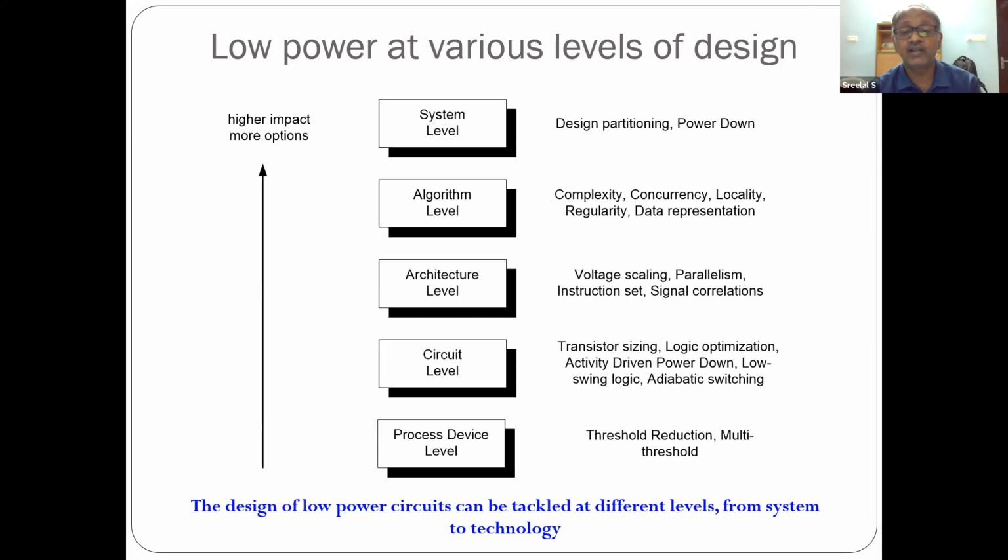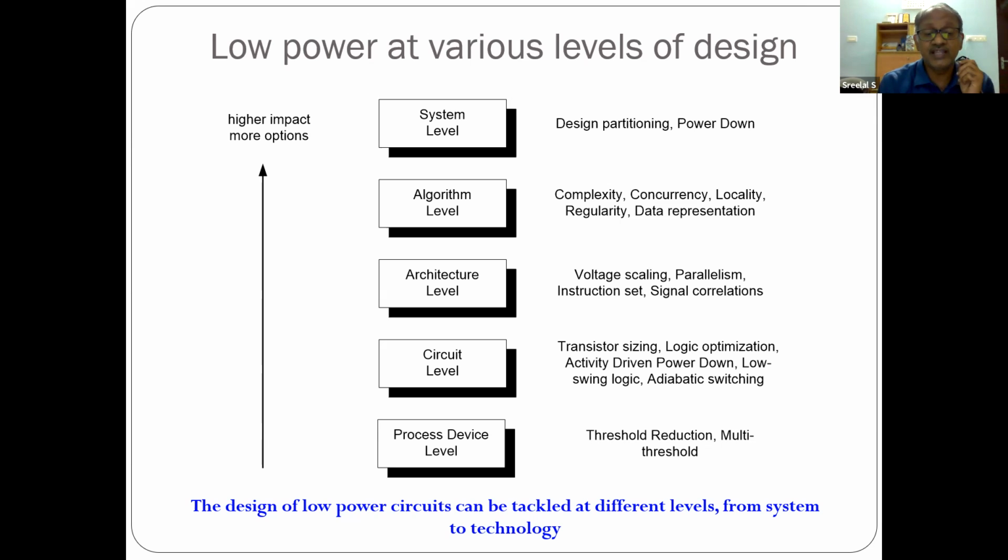Then at algorithm level, we do it by reducing the complexity, then by introducing concepts such as concurrency, locality, regularity, etc. Then at architecture level, we can adopt techniques such as voltage scaling, parallelism, instruction set, signal correlations, etc. At the circuit level, we can do transistor sizing, logic optimization, activity-driven power down, low swing logic, etc. And then at the process and device level, by suitably reducing the threshold voltage of transistors and by using multi-threshold in your circuit.